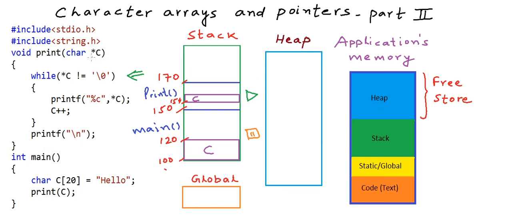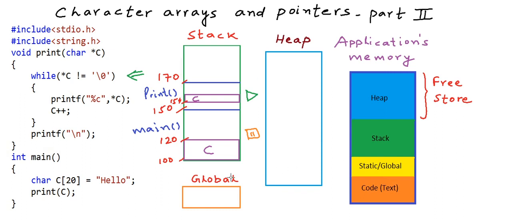We could have named this particular variable A or PTR or whatever, but all that happens when we make this particular call to print and pass this C here is that the address 100, which is the base address of the array, is passed to the print function, and the print function keeps it, stores it in a pointer variable. Sometimes it may confuse us when we are using the same local variable name in the calling function and the same argument name in the called function, but we must always understand that they are different.